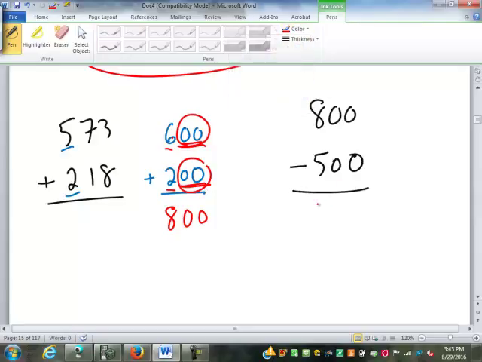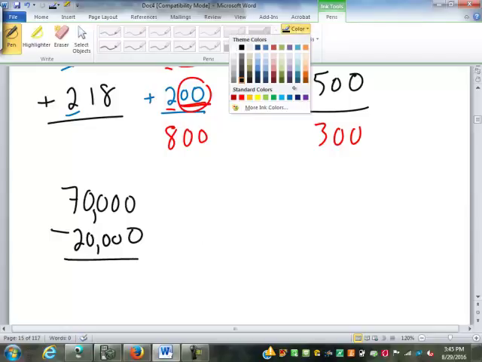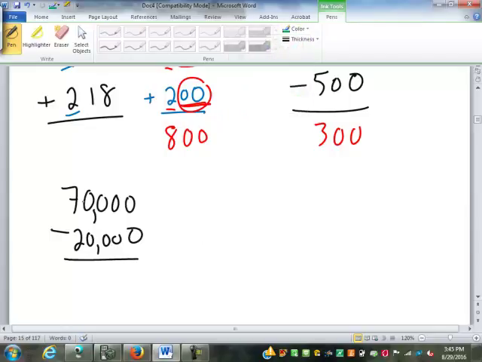I'm going to do 8 minus 5 is 3, and how many zeros? 2 zeros, right? If I do 70,000 minus 20,000, what am I going to get? 7 minus 2 is 5, and I have 1, 2, 3, 4 zeros. Both of them have 4 zeros.